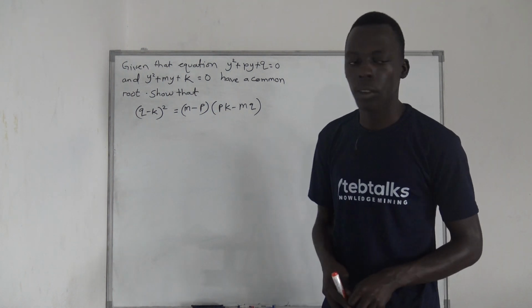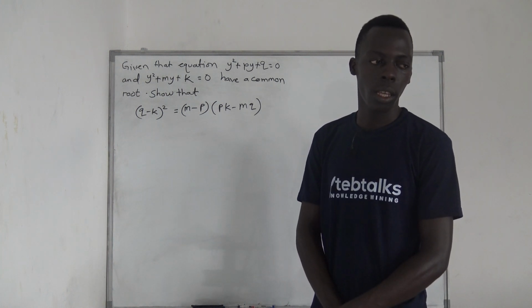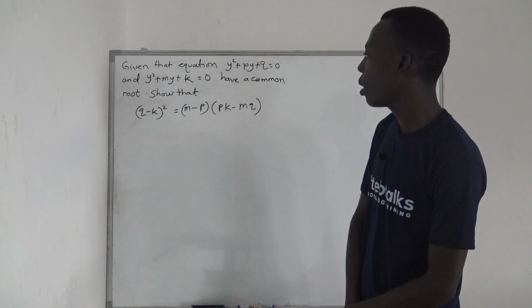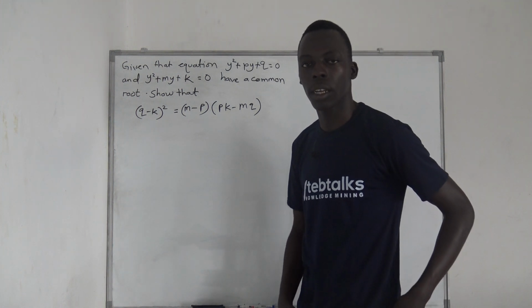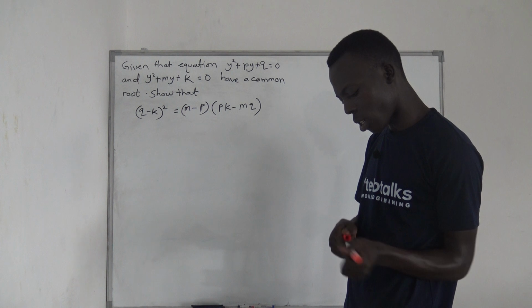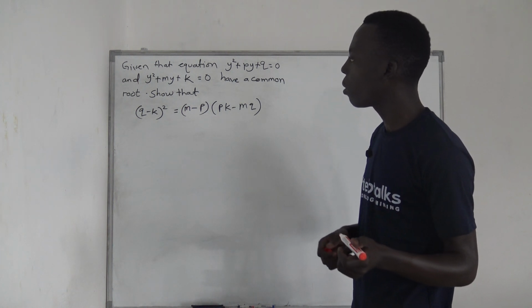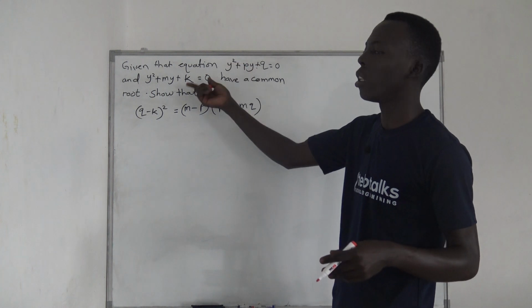So they want us to show that (q minus k) squared equals (m minus p) into bracket, that is pk minus mq. So now what do we do when we come about this equation? What we do, first deal with this and this.